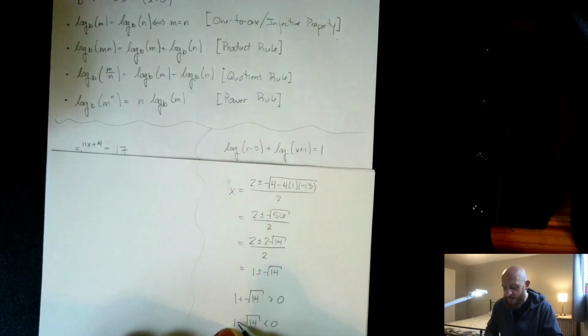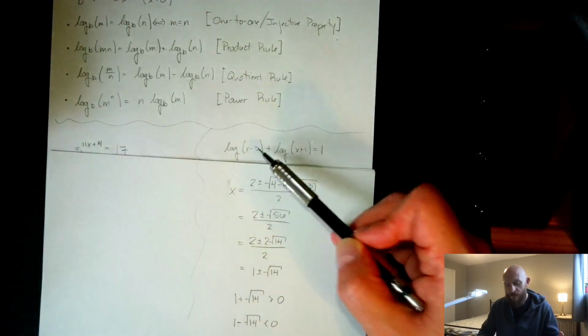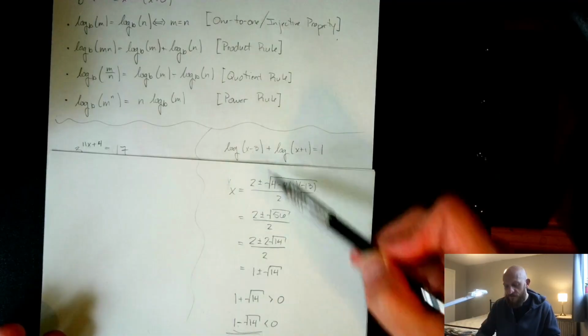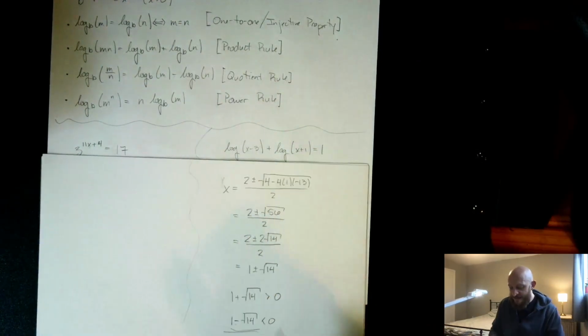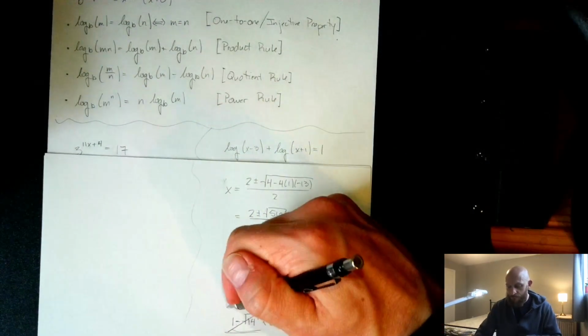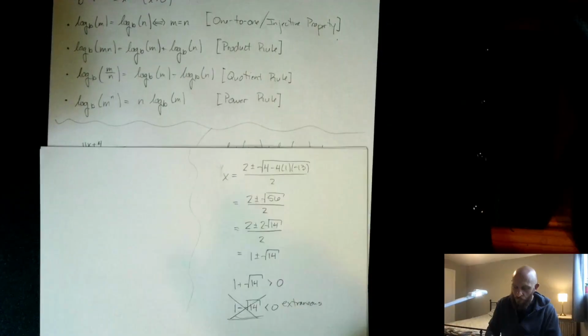Because if 1 minus the square root of 14 is negative, then subtracting 3 from that is even more negative. So plugging this into the first piece, log of x minus 3, it's a domain error. So it's out of the domain. So this is an extraneous solution. So the only solution is 1 plus the square root of 14.